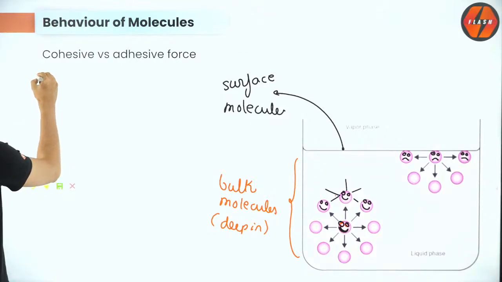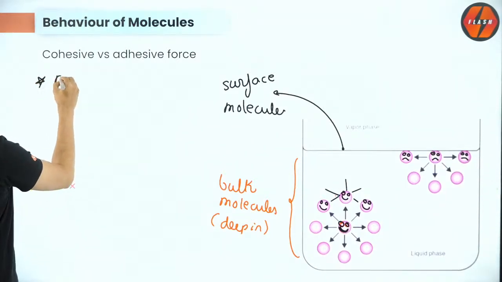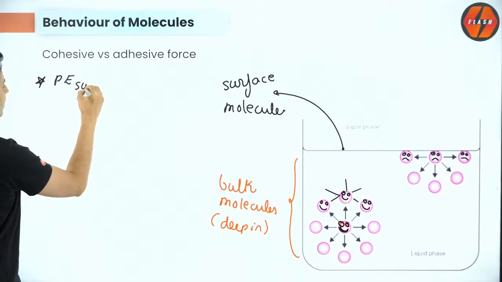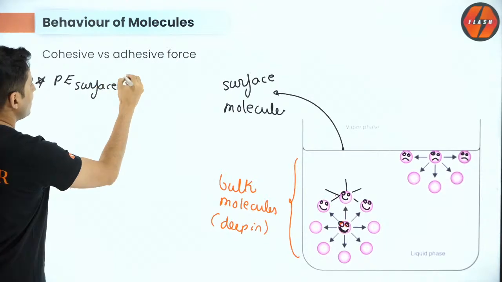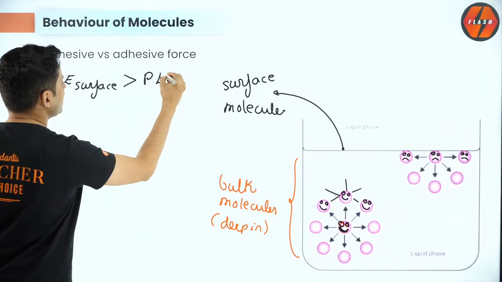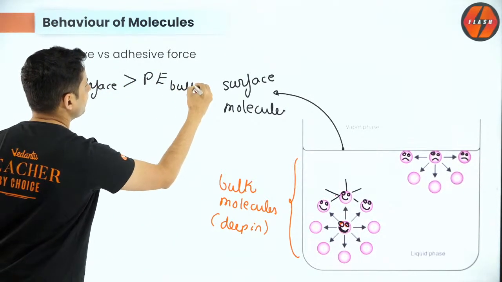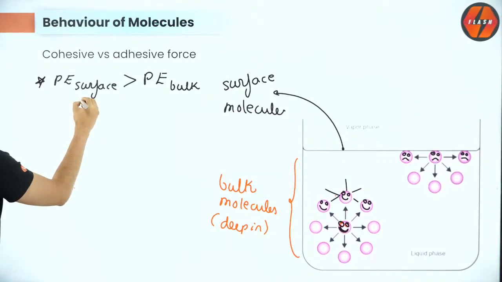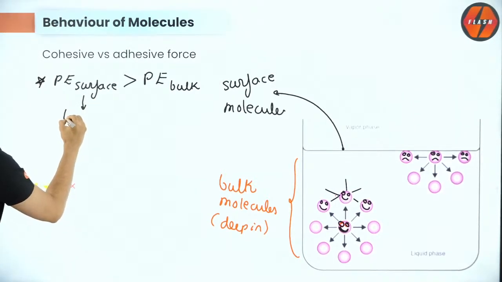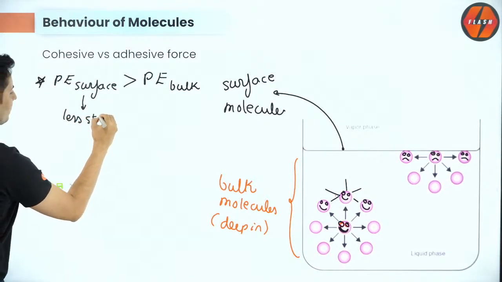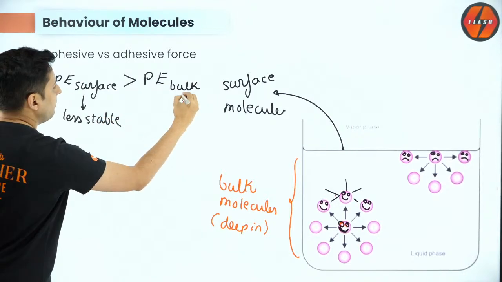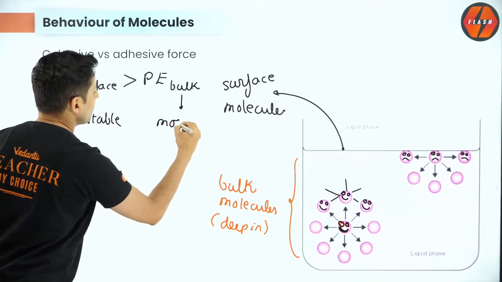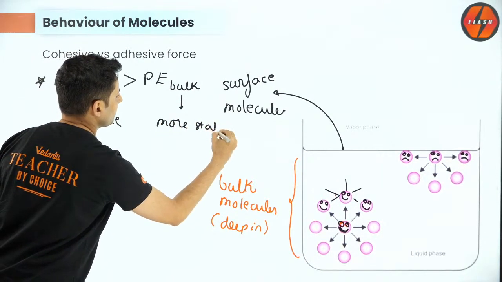So because of this, I can say the potential energy on the surface is obviously more than the potential energy inside the bulk. So the surface molecules are less stable and the bulk molecules are definitely more stable.